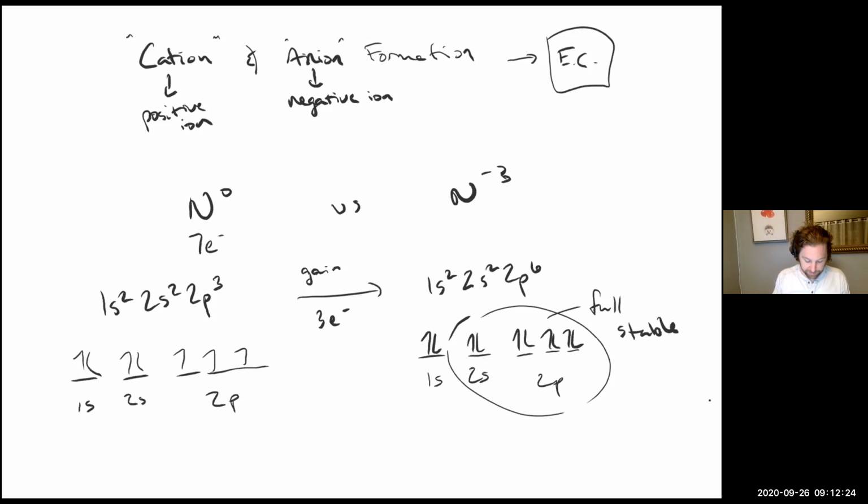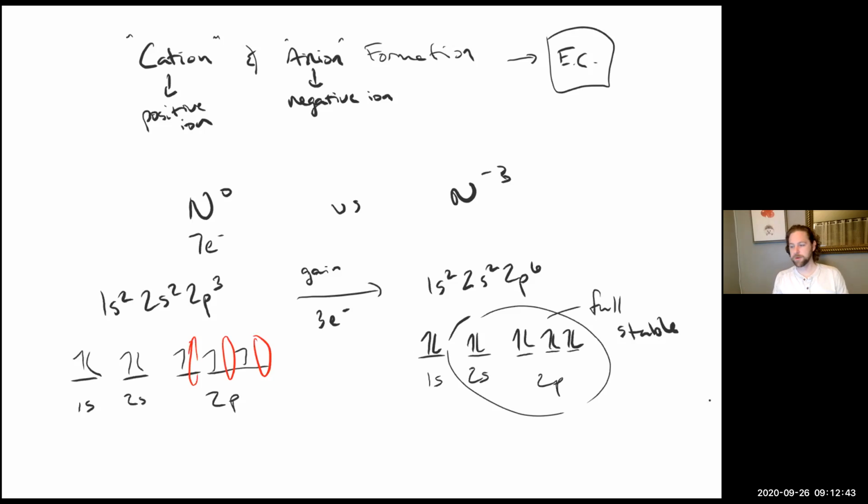So in terms of predictability, we just look at how many empty spots there are. There's 1, 2, 3 empty spots. So we know that nitrogen in particular would always ionize by gaining 3 electrons under normal conditions.